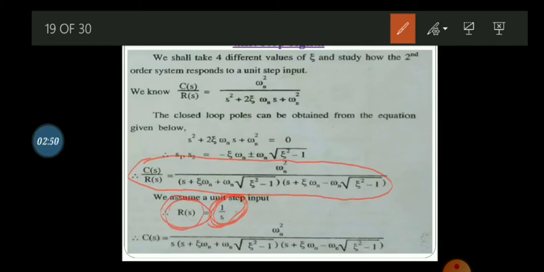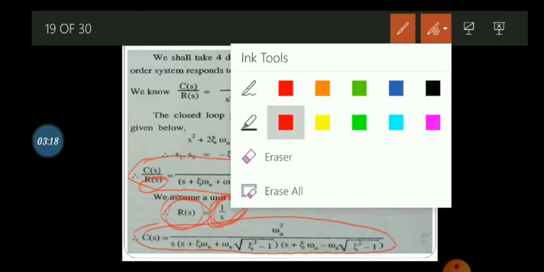Now substitute R(s) = 1/s in this equation. Then you will get the output response as C(s) = omega_n^2 divided by s times (s + zeta omega_n + omega_n square root of zeta^2 minus 1) times (s + zeta omega_n minus omega_n square root of zeta^2 minus 1).